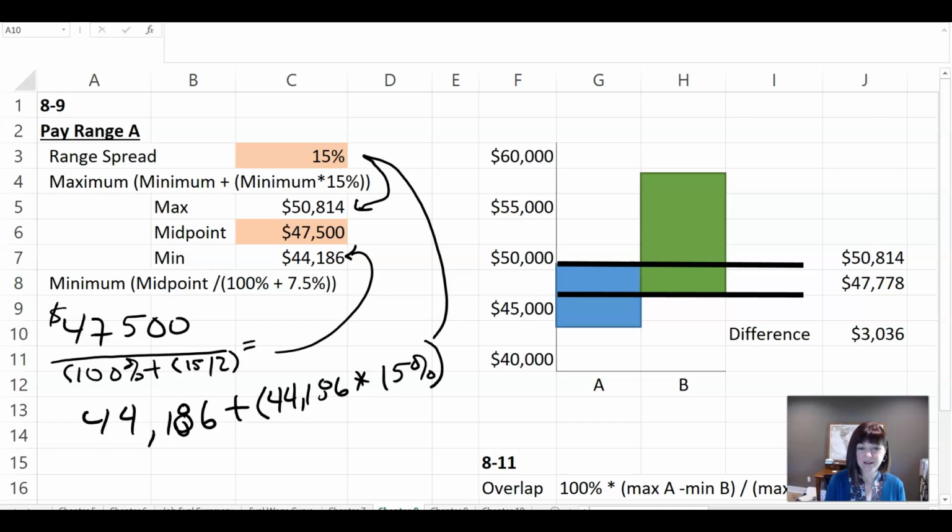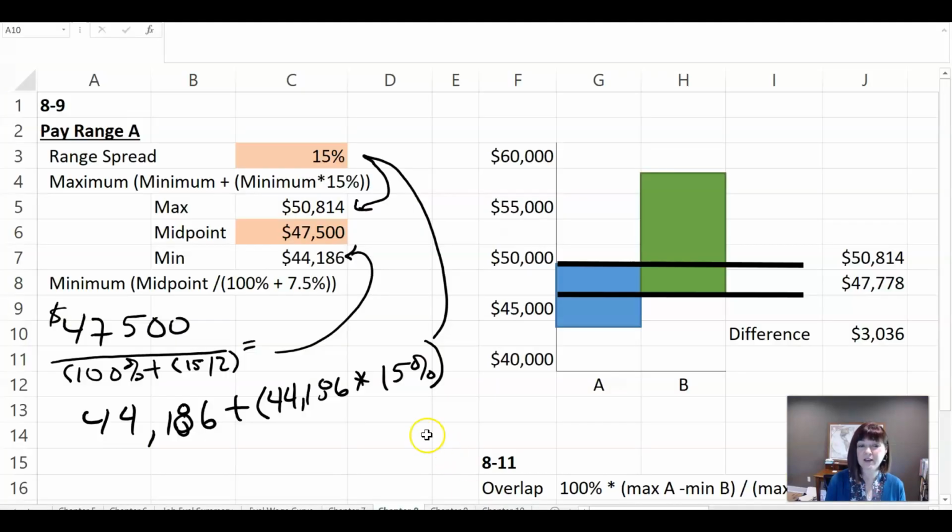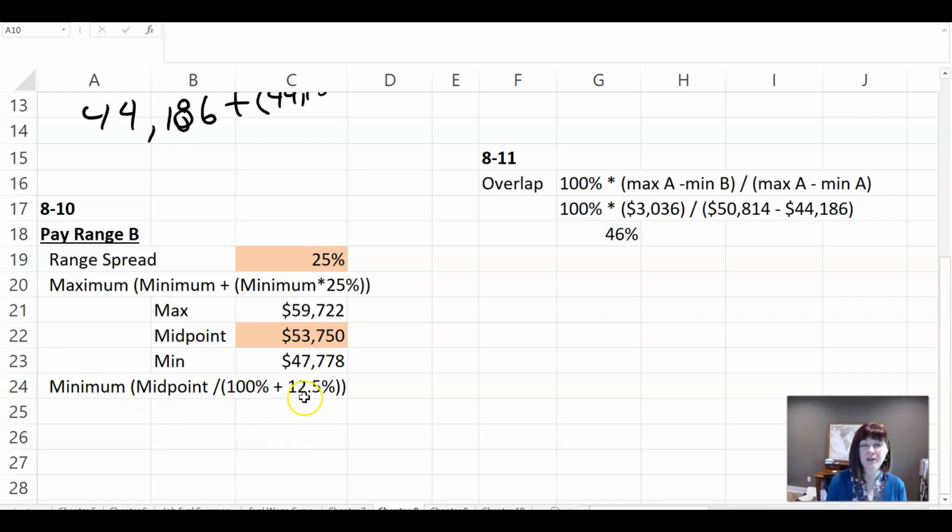Then the next part of the problem is pay range B. That was pay range A, for pay grade 1, and this will be for pay grade 2. For pay grade 2, we have the midpoint and the spread. You calculate it exactly the same way, except here, because it's a 25% pay spread, half of that is 12.5%.